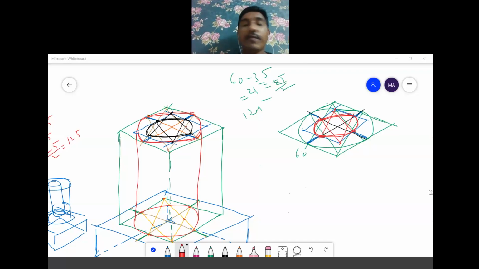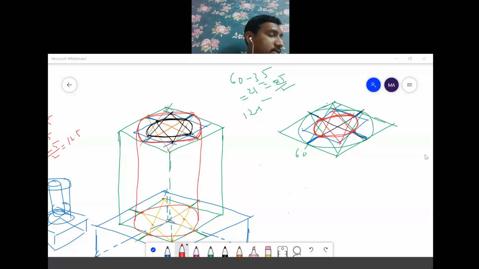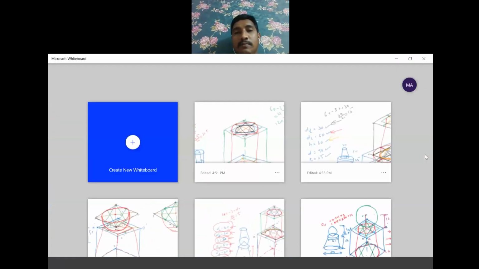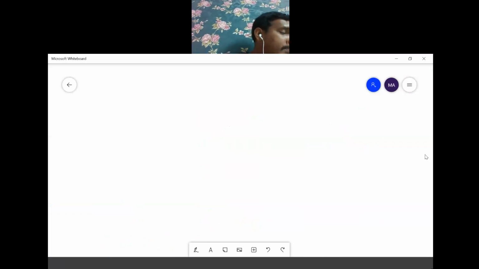Okay, next we are moving to the next problem. This is the last problem from this topic. Here he has given a hexagonal prism of base side 30 mm and 70 mm long, which has a square hole of side 20 mm at the center.